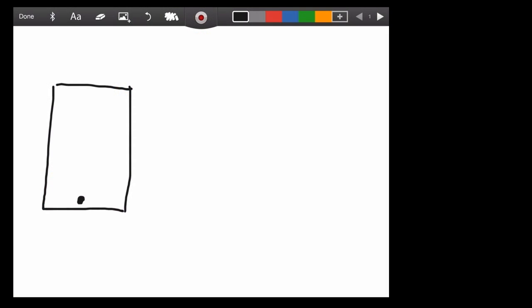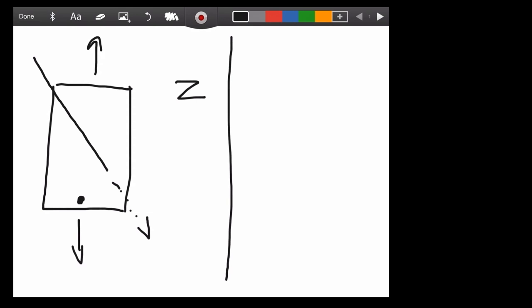Okay, so here's our iPad and it's laying on the desk. This is towards me, this is towards the far side of the desk. It's laying flat, so the force acting on this iPad is moving straight down through the iPad, and that is in the z-axis. Since it is going in a negative direction, we're getting negative 1 g.